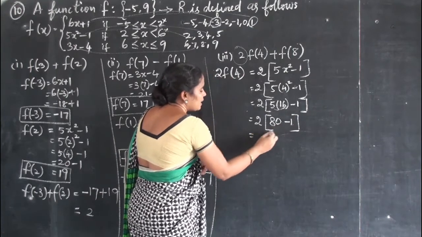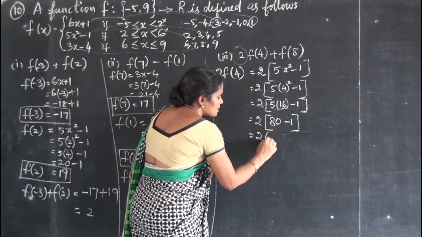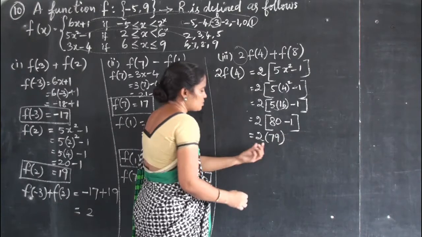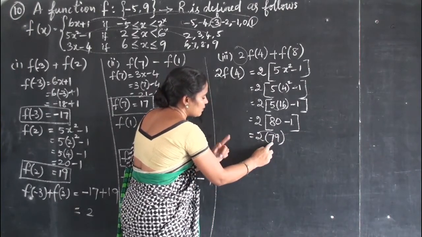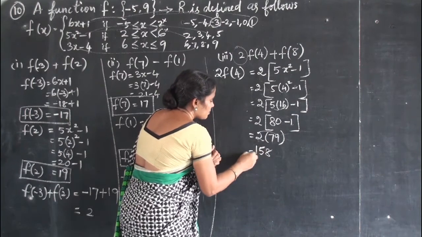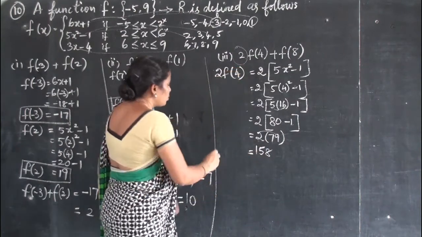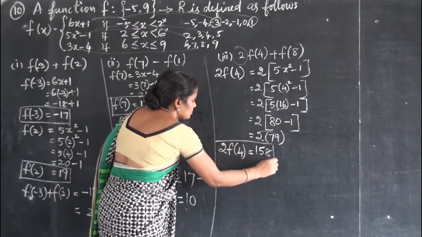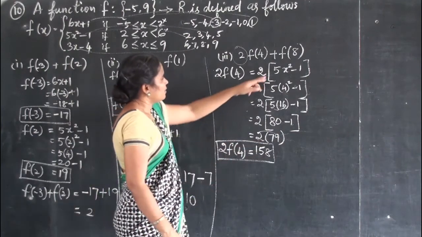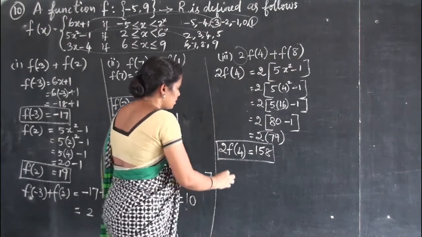Now 80 minus 1 is 79. Just multiply this: 2 9s are 18, carry 1. 7 2s are 14, plus 1 is 15. So for 2 f of 4 we get 158. Then find f of 8.